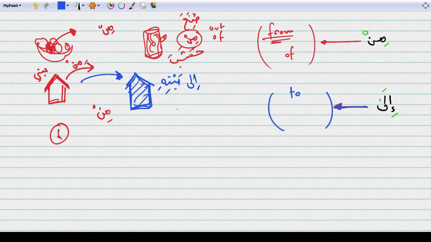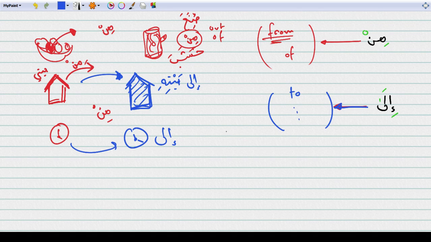Ila. Also, if you're gonna say from this time to a certain other time, you'd say min ila. Okay? Min الساعة إلى الساعة. From something o'clock to something o'clock. From my house to his house. So these are kind of straightforward.